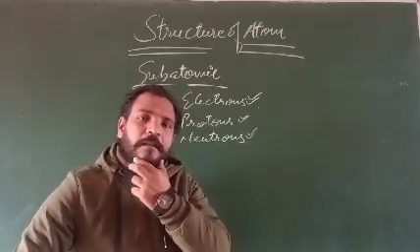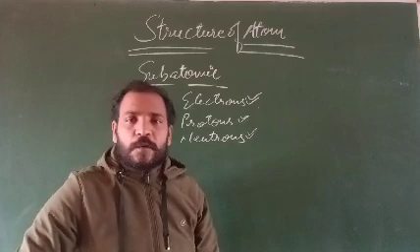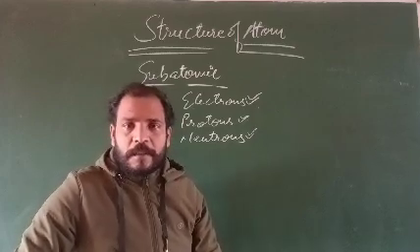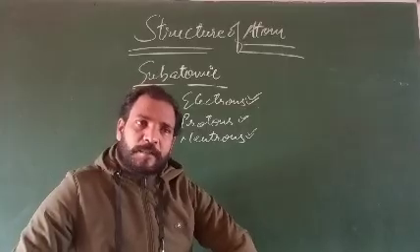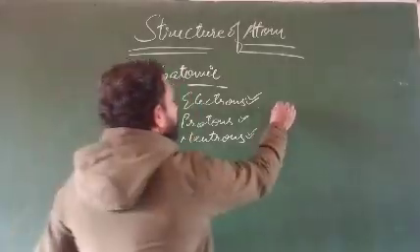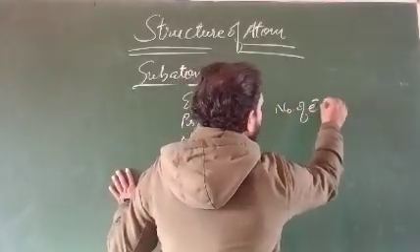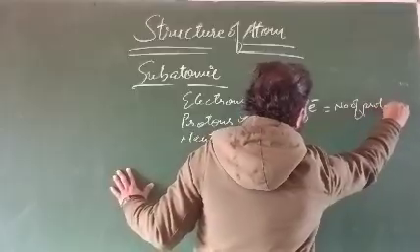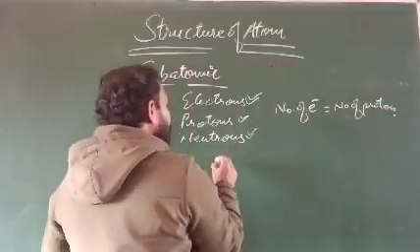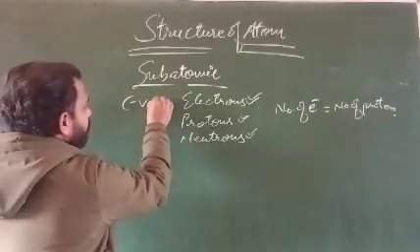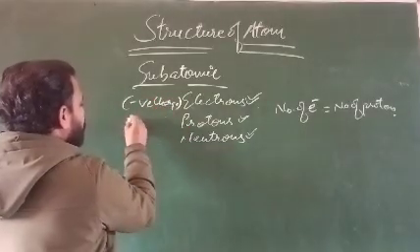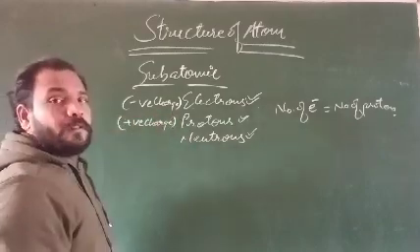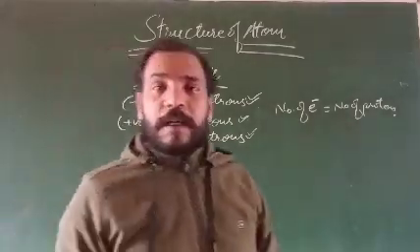One thing we know is that electrically an atom is neutral. It means in an atom the number of electrons is equal to the number of protons. Electron has negative charge, and proton has positive charge.